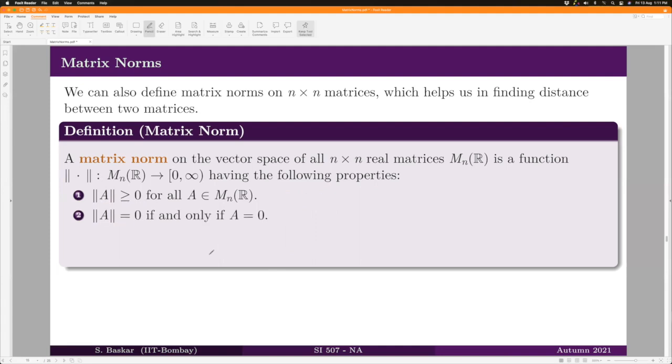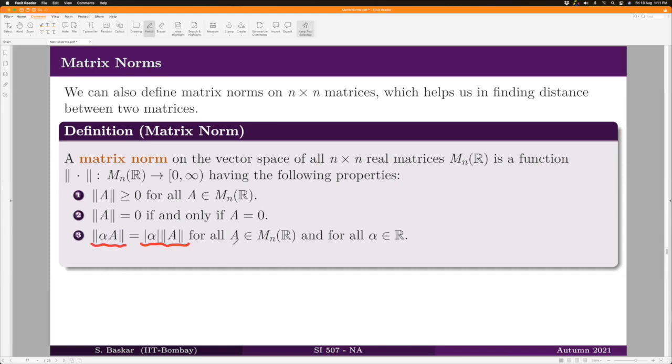The second property is, if your norm function returns 0, it means the matrix that you gave is the 0 matrix. And at the same time, if you give a 0 matrix to your norm function, it will surely give you the number 0, right? And then comes this scalar multiplication property. You give alpha into the matrix A to your norm function, it returns you the value which will be equal to mod alpha into norm A.